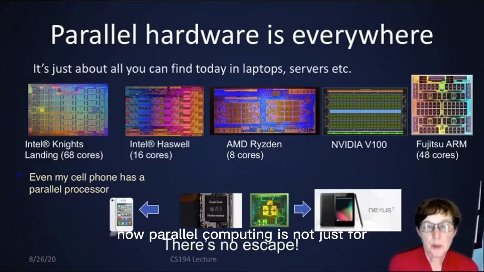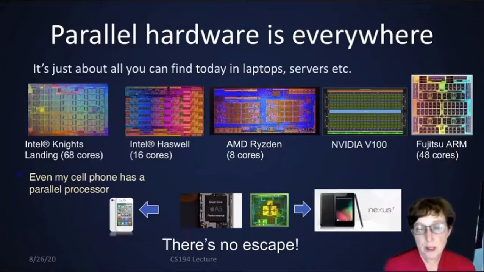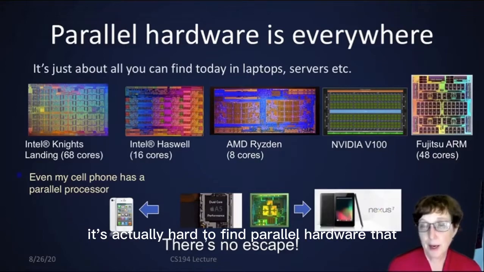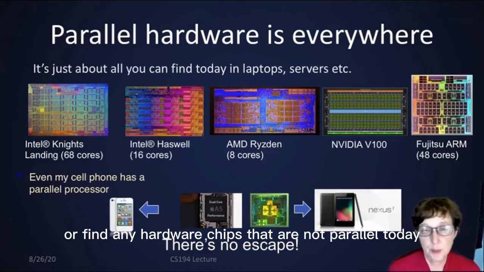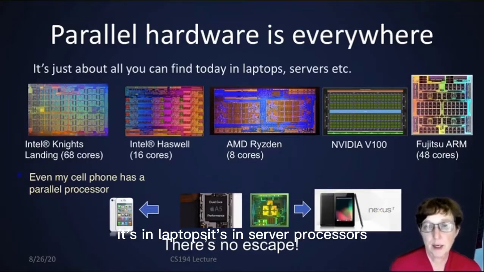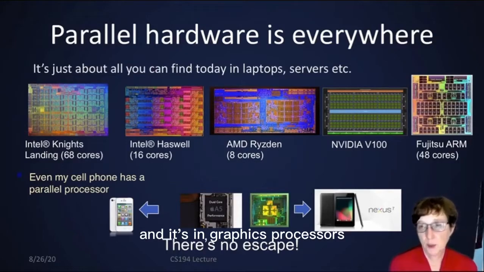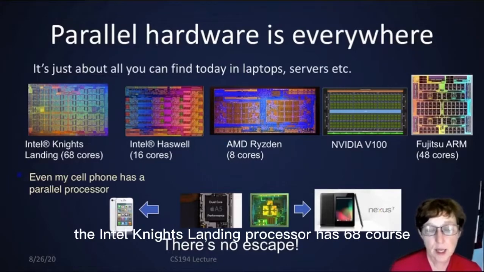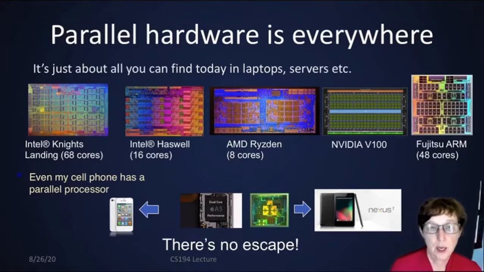Now, parallel computing is not just for large-scale supercomputing for science. It's actually hard to find any hardware chips that are not parallel today. So it's in just about everything you can find. It's in laptops, it's in server processors, and it's in graphics processors. Here are some examples. The Intel Knights Landing processor has 68 cores.